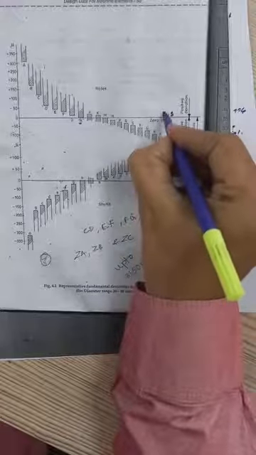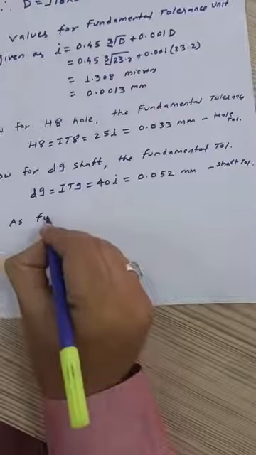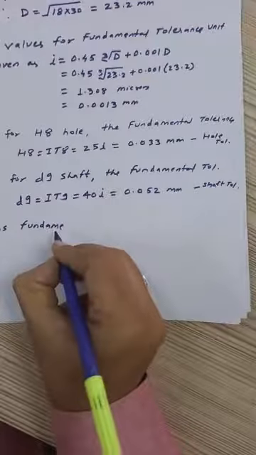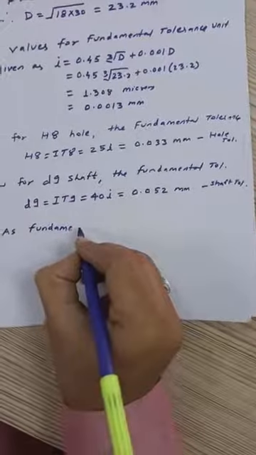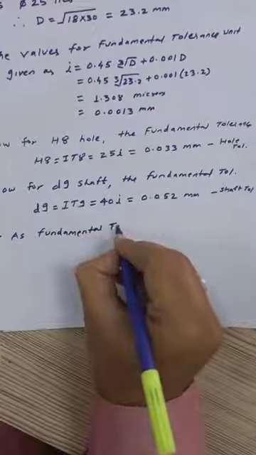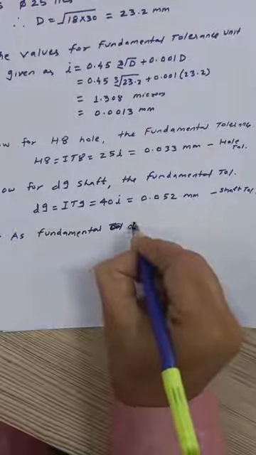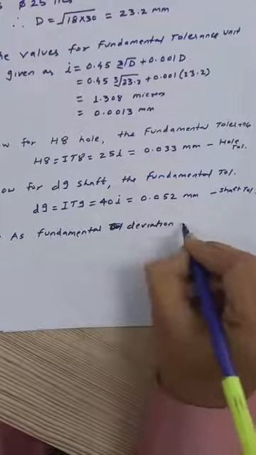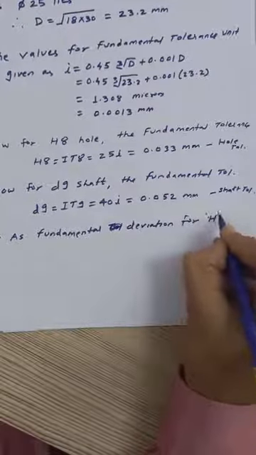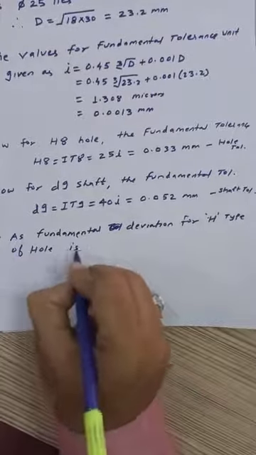This is the zero line, or line of basic size. Sorry, it's not tolerance, it's deviation for H type of hole, which is 0.